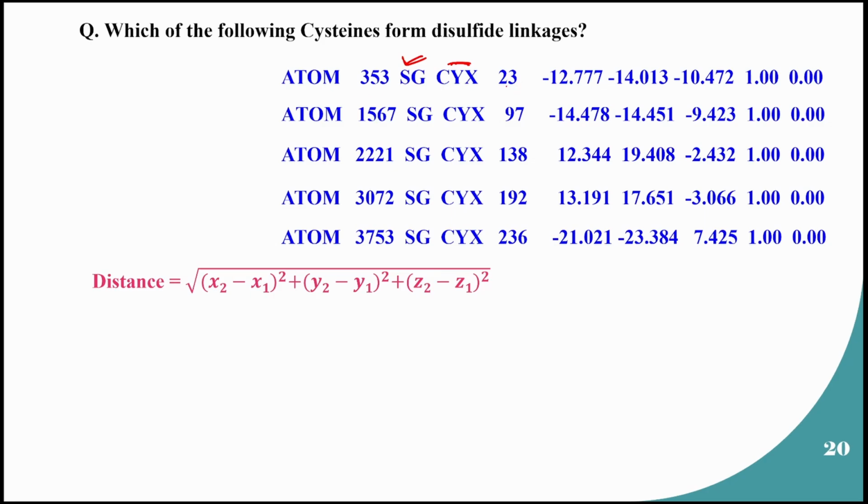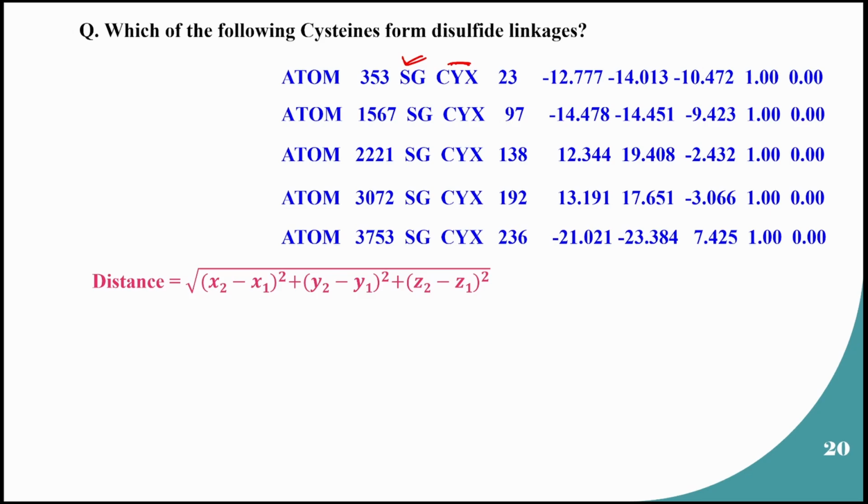So for example, this is cysteine 23, this is cysteine 97, this is 138, 192, and 296. And you have the information related to those given here, right? Now, based on this, you have to calculate multiple distances, and then you have to identify which cysteines are forming disulfide linkages with one another. So, try to calculate the distances, and we can see it just in a bit.